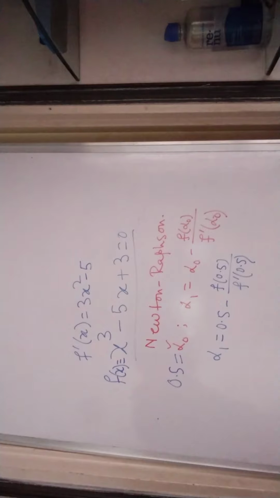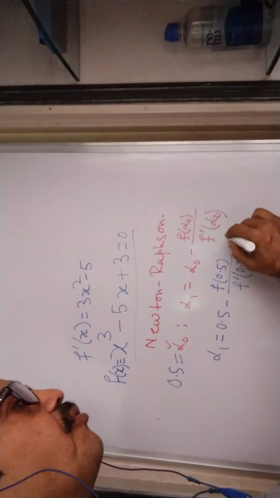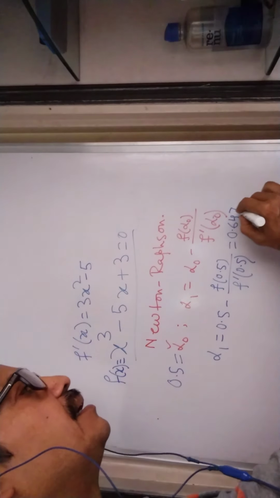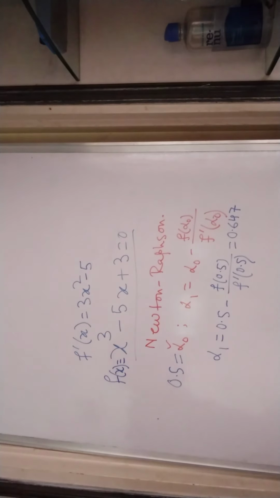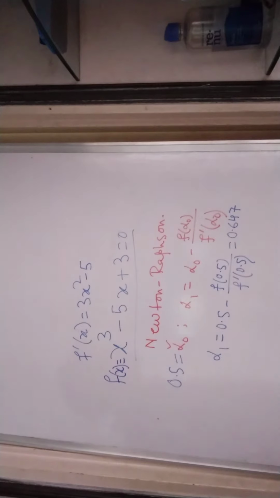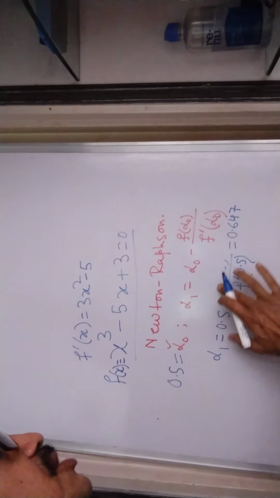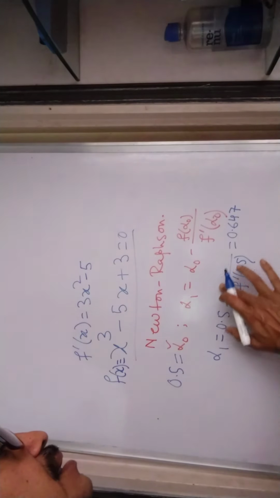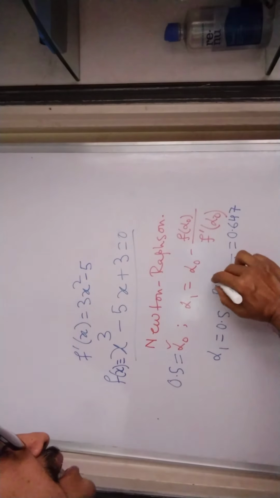And if we calculate it, it becomes 0.647. One can easily calculate it. F of 0.5 is nothing but what I said, 5 by 8, which is actually 0.625.